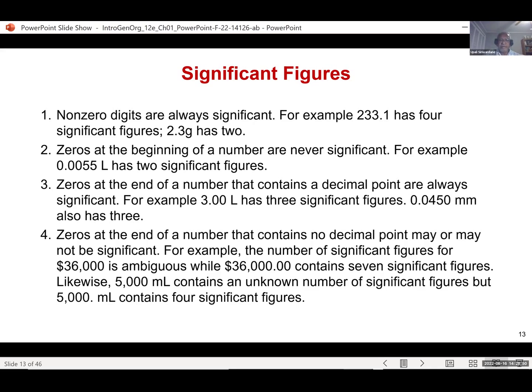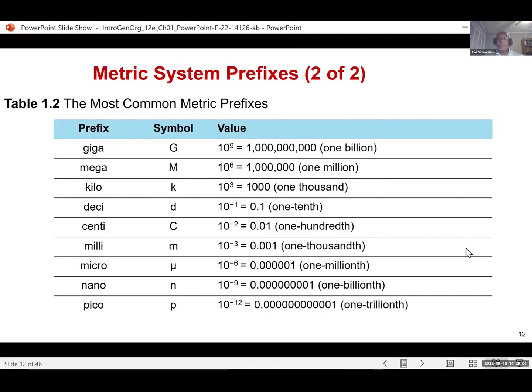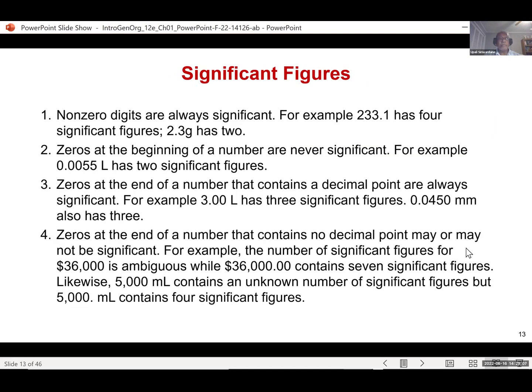Okay, these are about the rules. The fourth item here: zeros at the end of a number that has no decimal point may or may not be significant. For example, 36,000 is ambiguous.